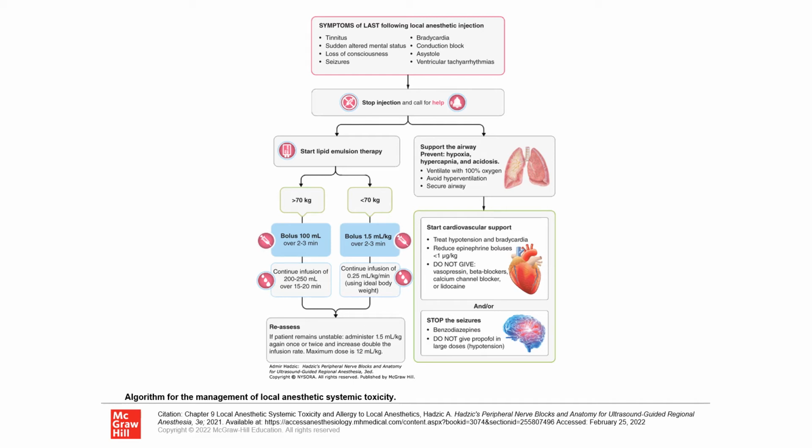The symptoms that you should be on the lookout for, and should counsel your patients on, are any perioral paresthesia, tinnitus, change in mental status, loss of consciousness, and the more worrisome ones are seizures, brady or tachyarrhythmia, conduction block, asystole. All these things are not explained by anything else in the context of an ultrasound-guided nerve block other than LAST, and they should be addressed immediately.